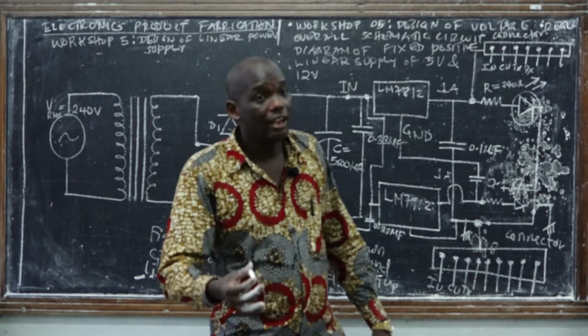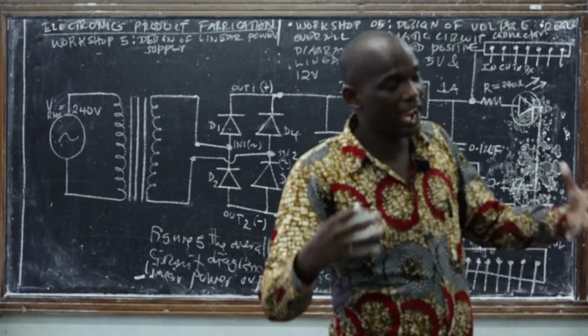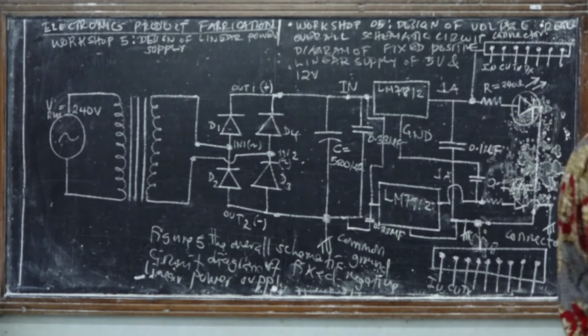Are we together? Because you are beginners, you might find that in all your work, a single linear power supply is sufficient to power what you are designing. But as you advance, you will find that a single linear power supply, whether positive voltage or negative voltage, will not be suitable to power the system that you are designing. Class, are we together?